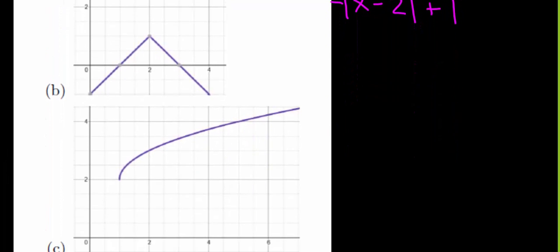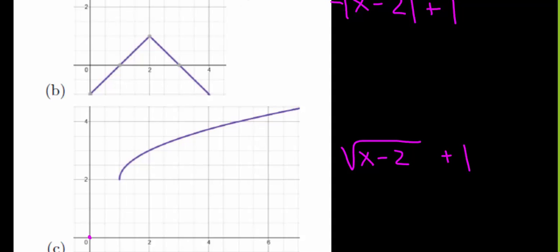Now, square root. This looks like a square root function. And it normally would start down here at 0, 0, but not this one. This one goes over 1 and up 2. So it looks like this is going to be x minus 2 plus 1. No, plus 2.